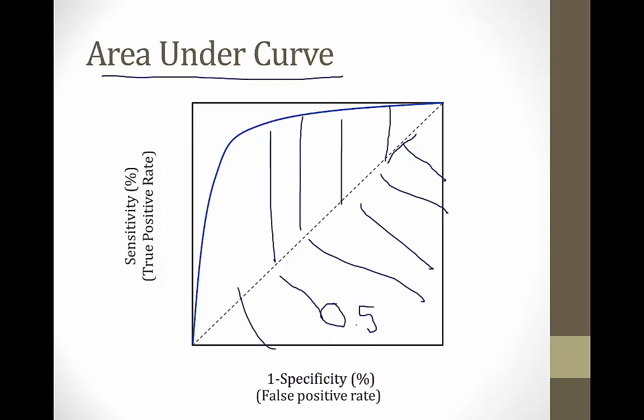I don't know what the exact number is, but it's probably something like 0.8 or 0.9, so that would be a better test. If you had that perfect ideal test that could make this right turn and perform a perfect right angle, that would have an area under the curve of 1.0, and that would represent perfect ability to discriminate true positives from false positives and 100% sensitivity and specificity.